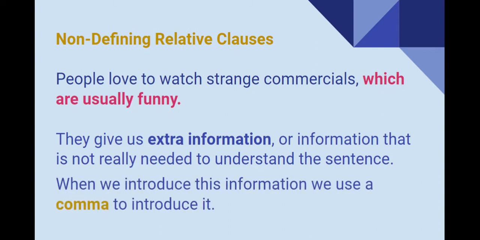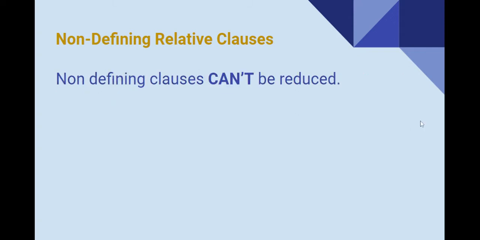When we introduce this information, basically the non-defining relative clause, we use a comma. It could happen that the non-defining relative clause is between two main clauses in a sentence. Therefore, you would use a comma to introduce it and a comma after your non-defining relative clause.